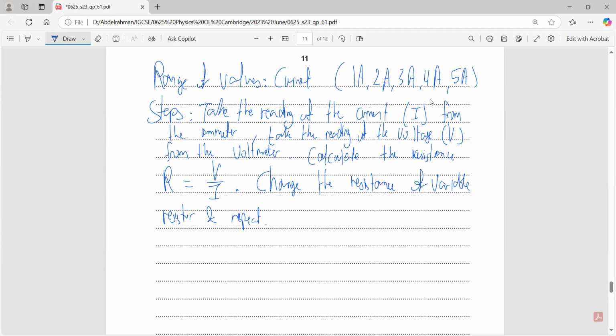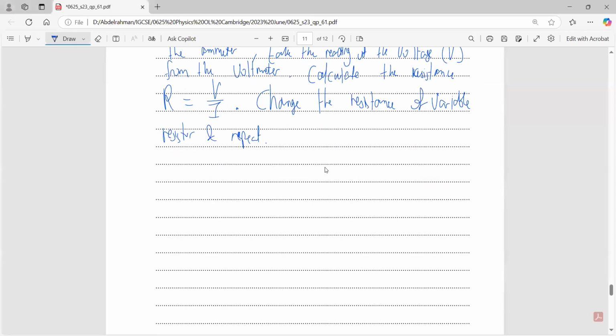When I change the resistance of the variable resistor, the current will change, and therefore I can repeat the experiment. Can I draw a table? Yes, I can draw the table. What do I need in the table? I need three things: the current, the voltage, and the resistance, and definitely I need to use the correct symbols.